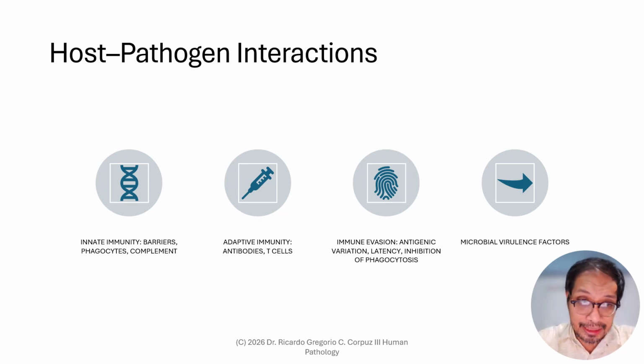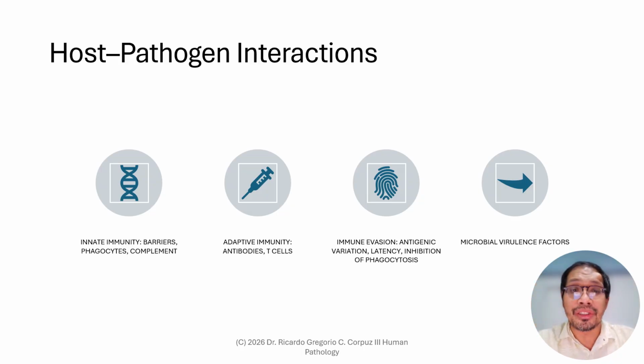T cells: CD4 positive T cells coordinate immune responses and activate macrophages. CD8 positive cytotoxic T cells kill infected cells, especially in viral infection. Adaptive immunity is slower to activate but provides memory, which is the basis of vaccination.